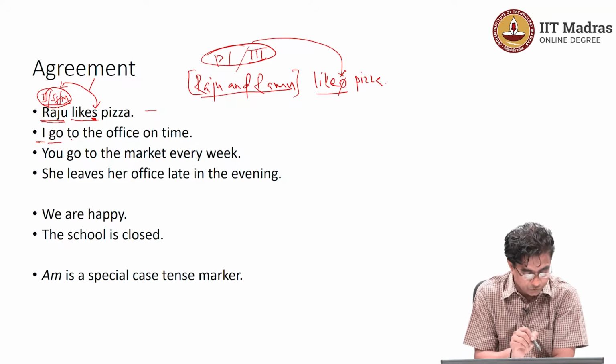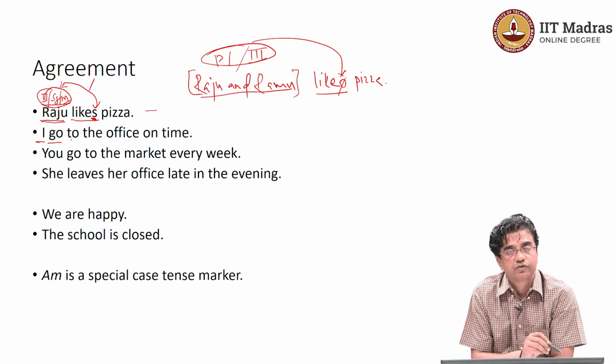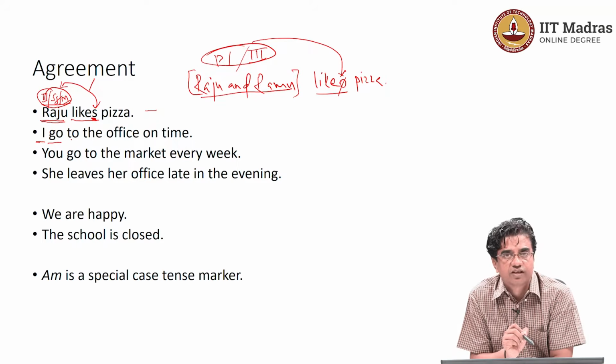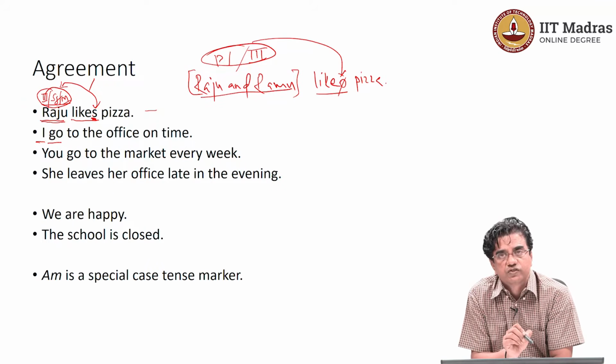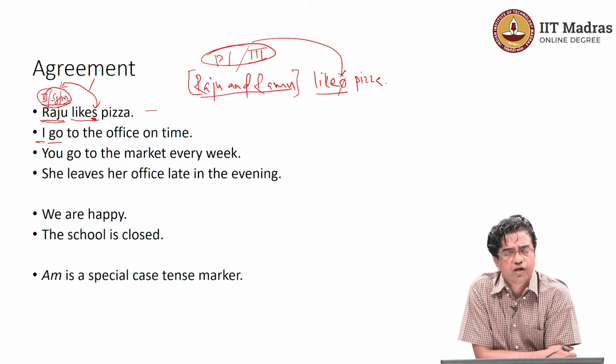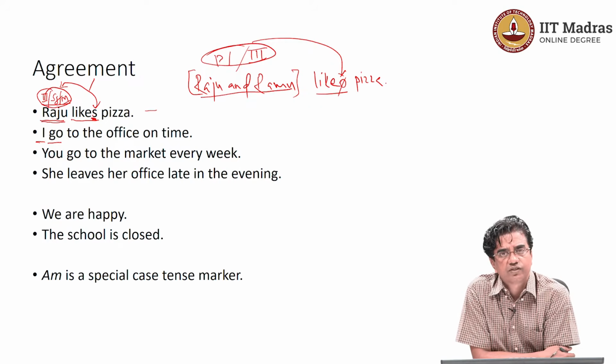Hence, I go to the office on time, and we don't say I goes to the office on time, like Ramu likes or Ramu goes. So, Ramu is singular, and if I refers to a singular entity, then why should the agreement not follow the same way?